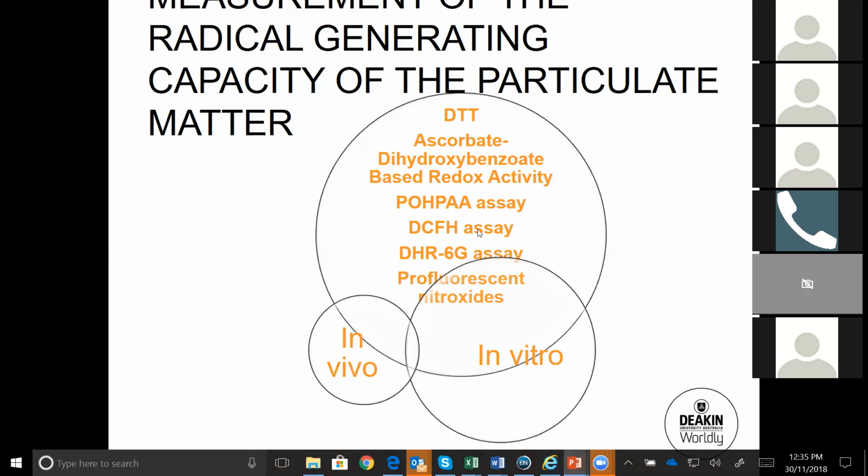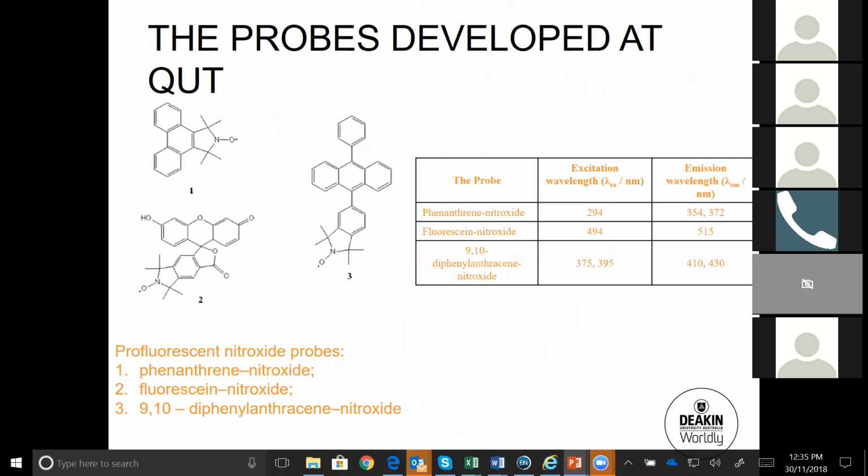However, DCFH is prone to several issues, including auto-oxidation upon exposure to sunlight and air, and also a high background fluorescence that goes up during the sampling. We have tried some of these probes. They were not good for real-time application, and that's why QUT researchers developed different probes that we were testing with our system. These probes are all, as you can see, nitroxide probes.